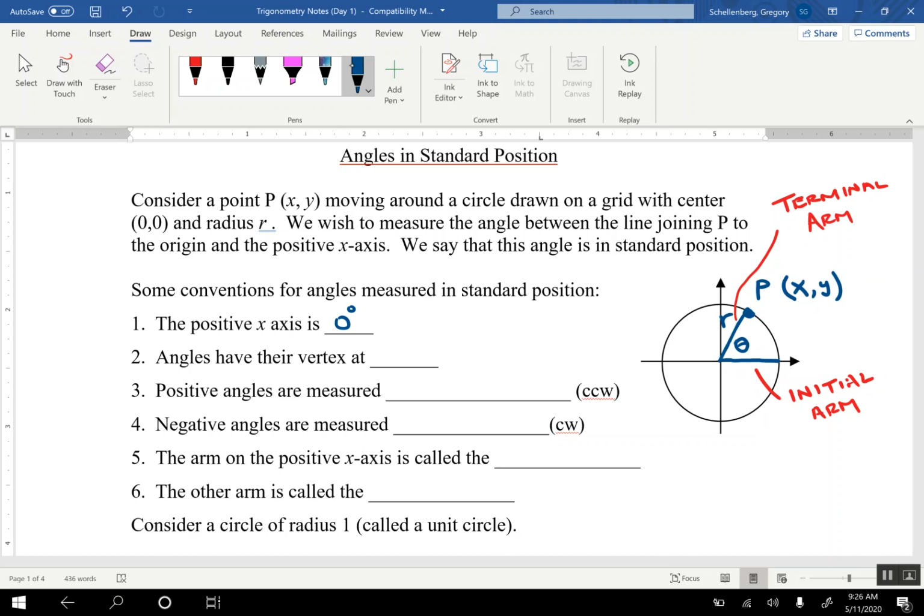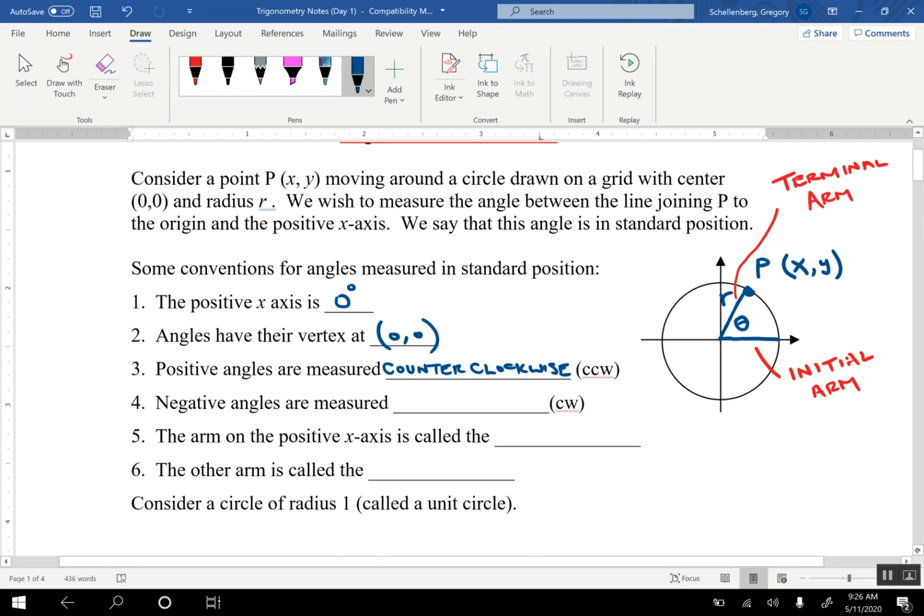Okay, angles have their vertex at the point of origin. So this is at coordinates 0 and 0. Okay, positive angles are measured counterclockwise. And negative angles are measured clockwise.